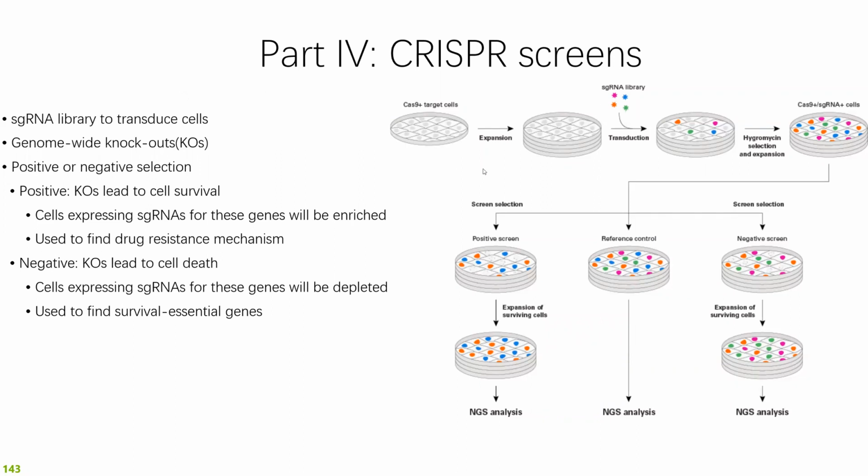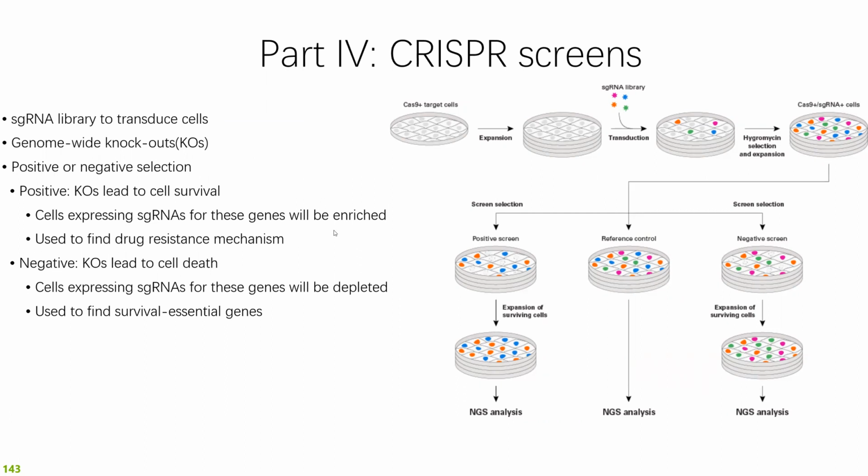And since sgRNAs target many different genes, they can perform genome-wide knockouts. And based on cell survival, we can see positive or negative selection of genes. Positive selection means that a knockout of a gene leads to cell survival.